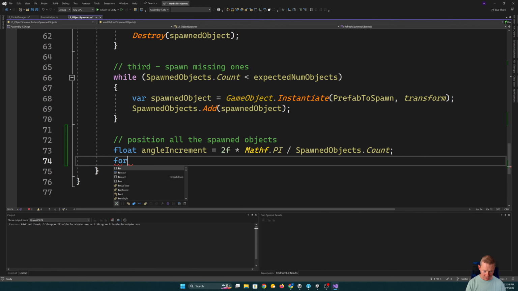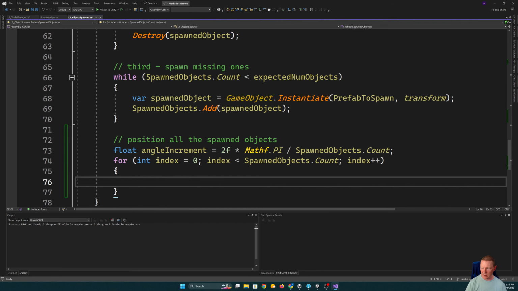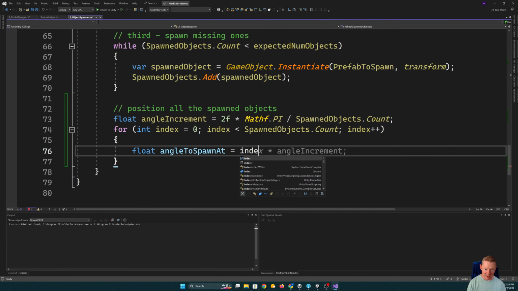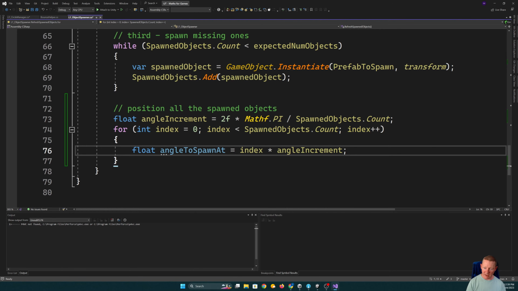Then I would loop with index is 0, index is less than that. So we can work out the angle to spawn at, which is our index multiplied by the angle increment.